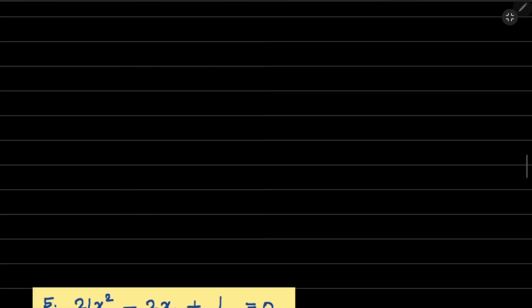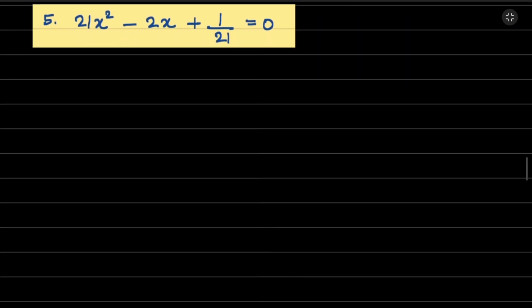Let's see another question. Whenever you have questions which have coefficients in the form of p by q, always take the LCM. So here the LCM is 21. So the first value will be 21 into 21, which is 441.